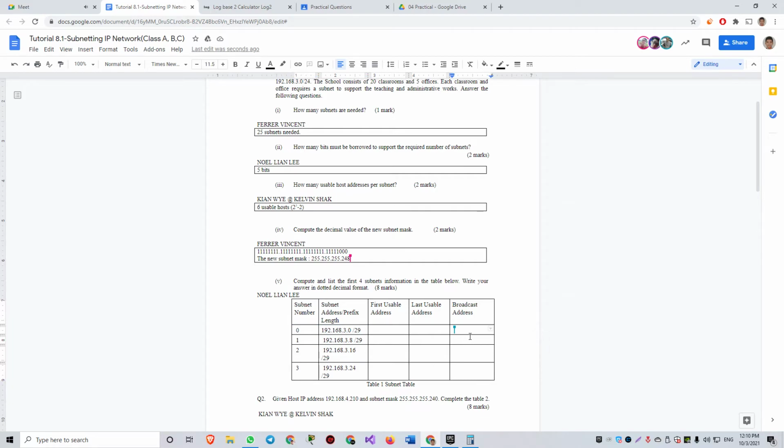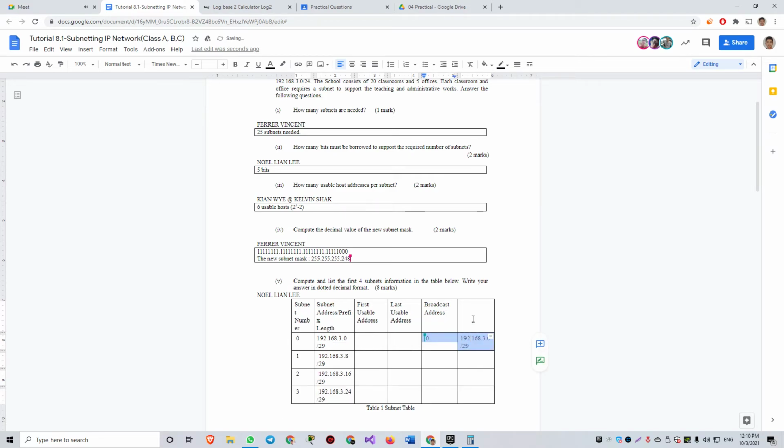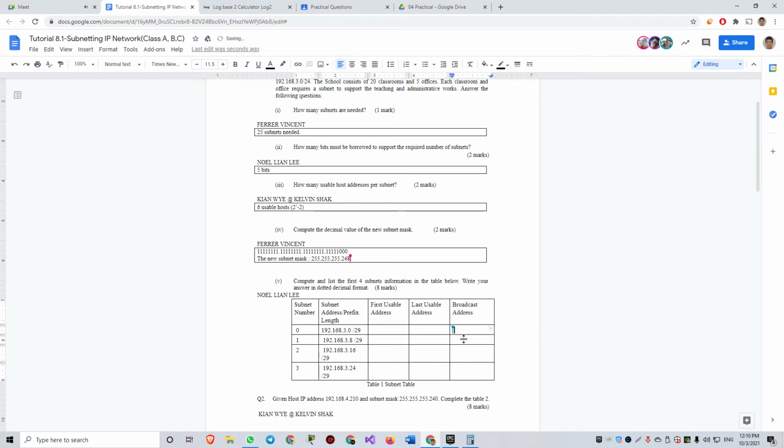So what's the broadcast address? 192.168.3.7, correct. Now it's very easy to put the first usable address, which is the next address after the subnet address, .3.1. Then the last usable, also easy, just one below the broadcast address.